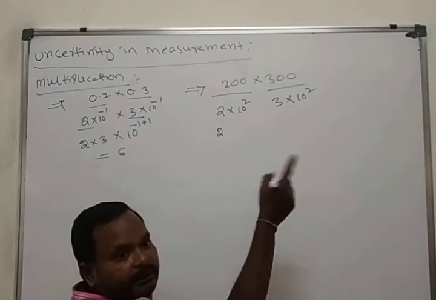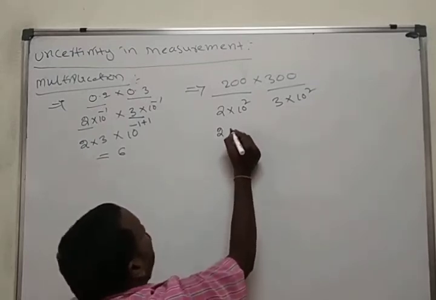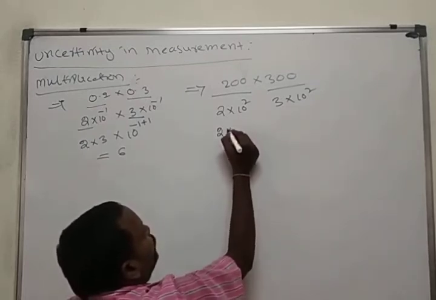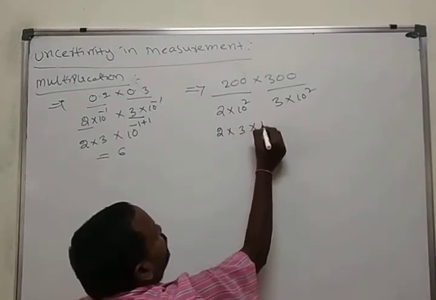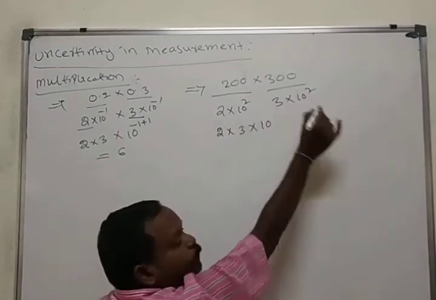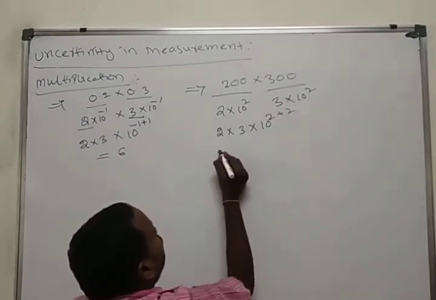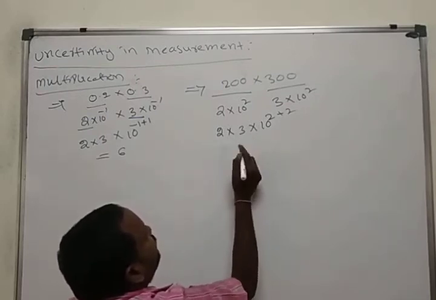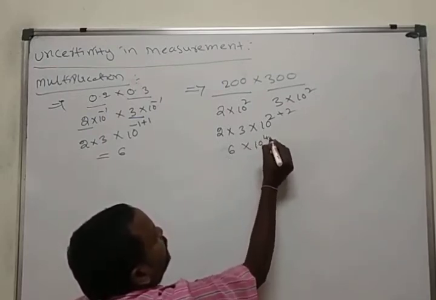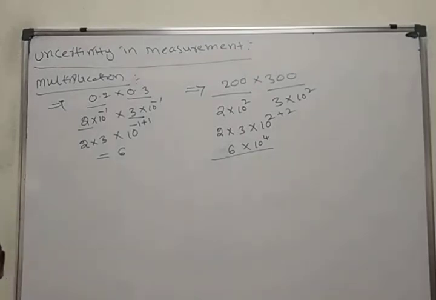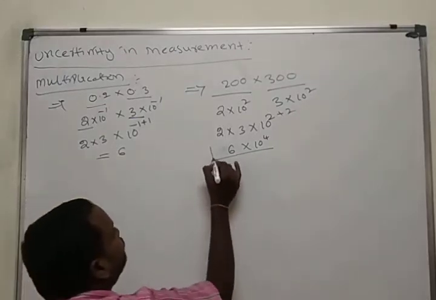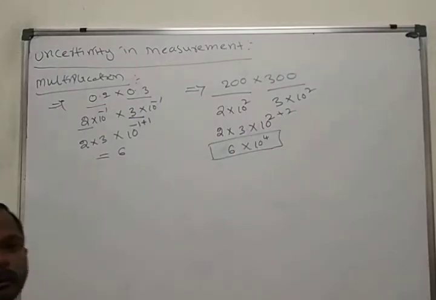First you take the digital terms, 2 into 3, into 10, add the exponents 2 plus 2. 2 into 3, 6 into 10 to the power of 4. This is the value of 200 into 300.